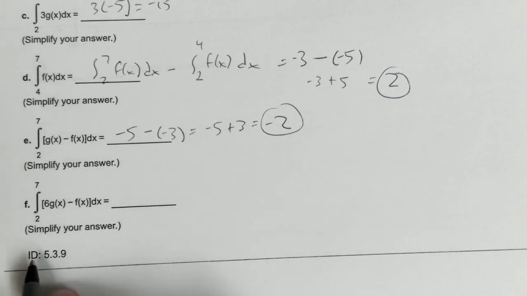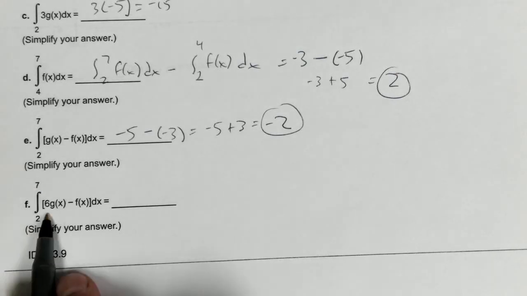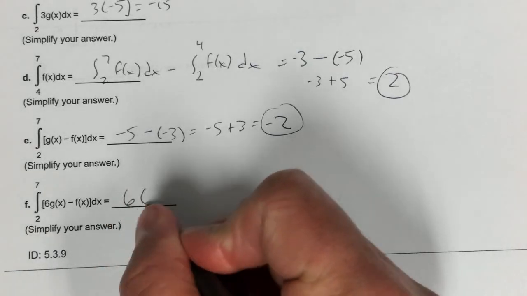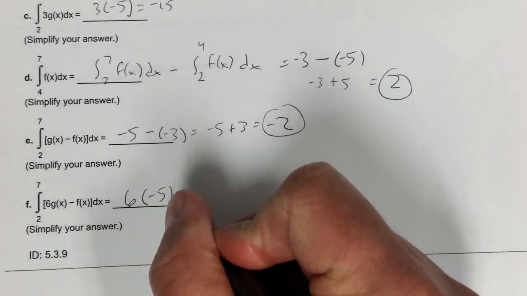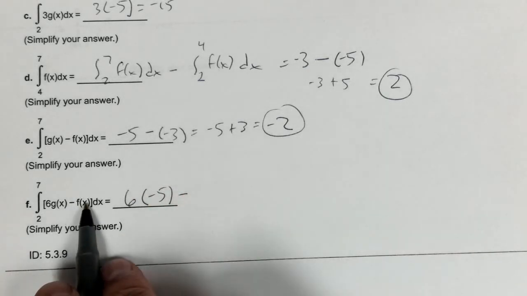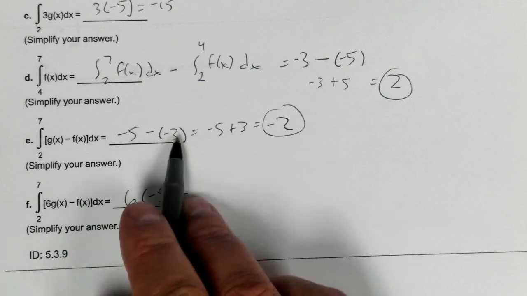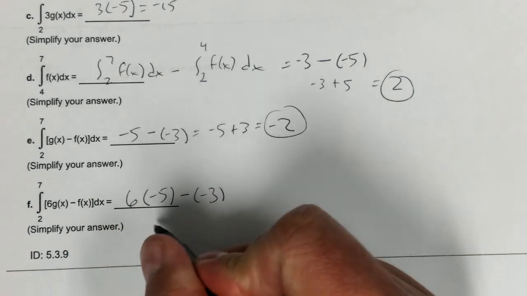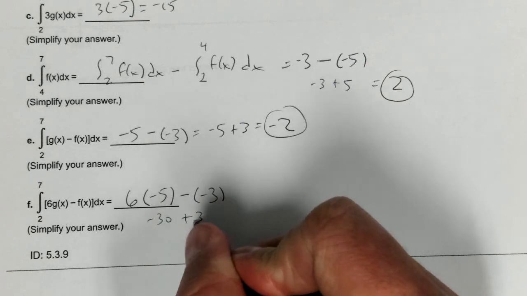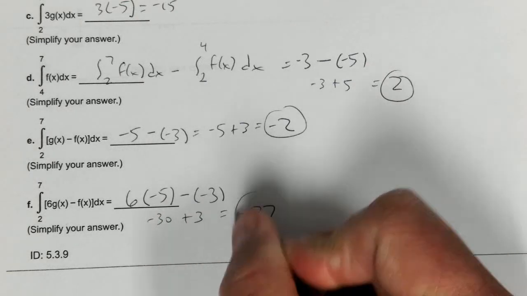And then on this one, again, we're going 2 to 7, and we need 6 times the G answer, which was negative 5, minus the F answer, which was negative 3. So here we get negative 30 plus 3 is negative 27.